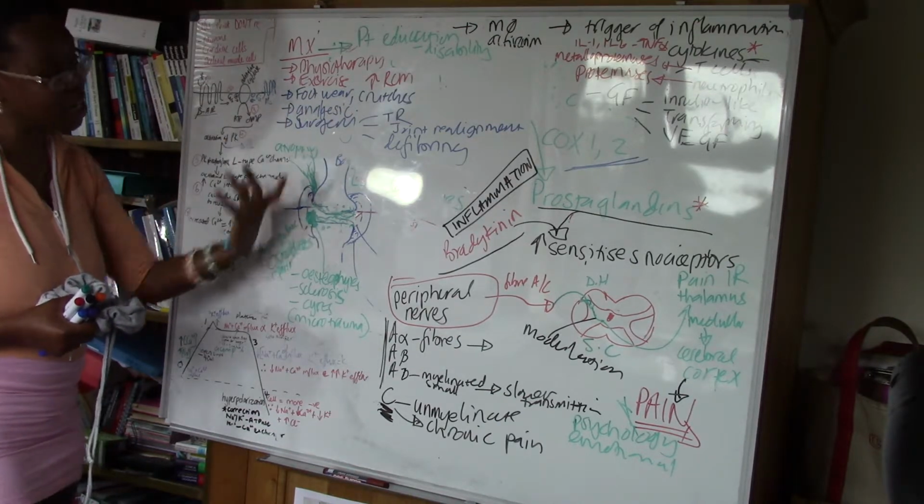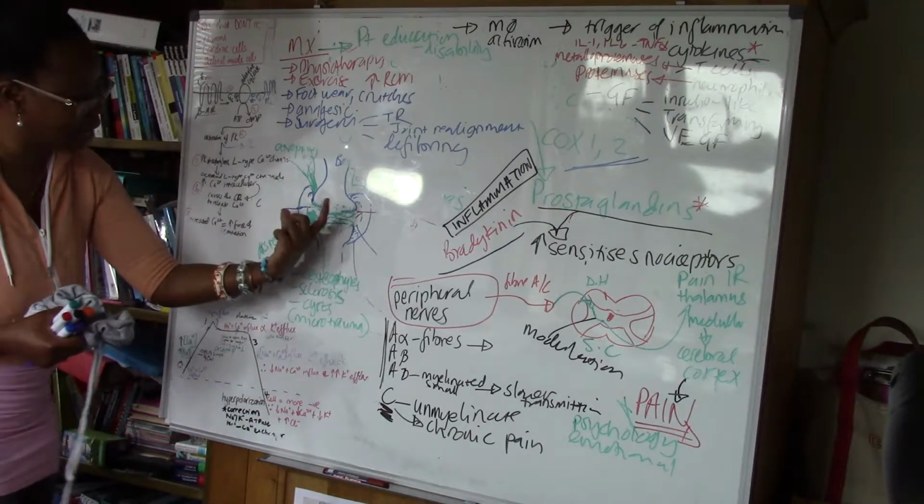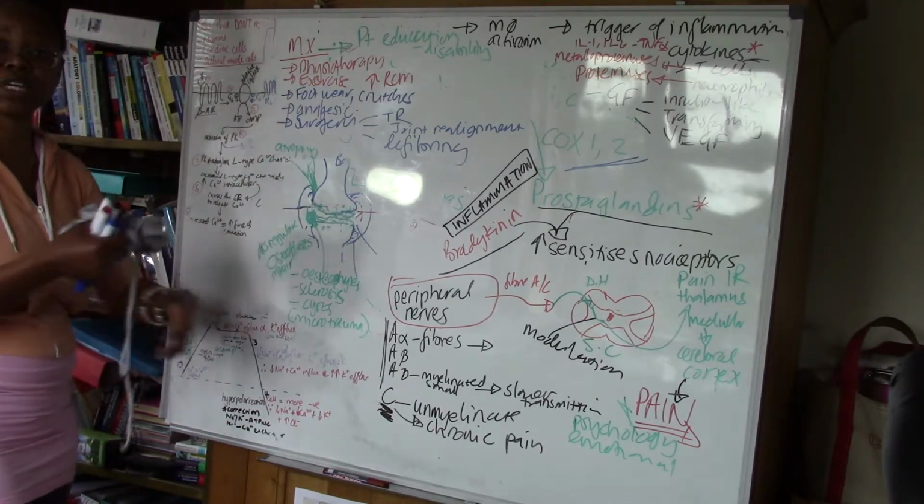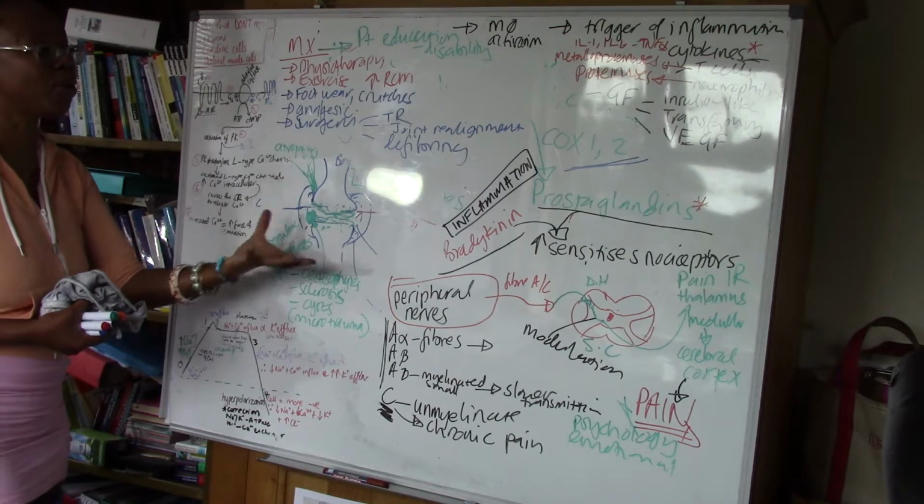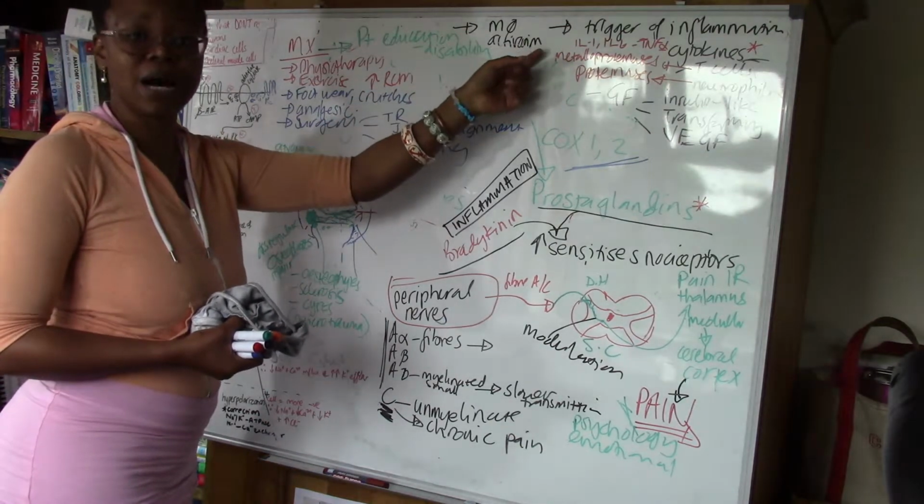But in that degeneration, when that loss of balance occurs in terms of regenerating cartilage and regenerating bone, inflammation does become triggered.